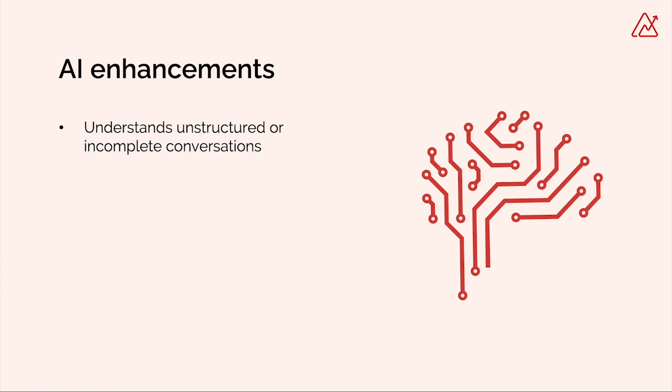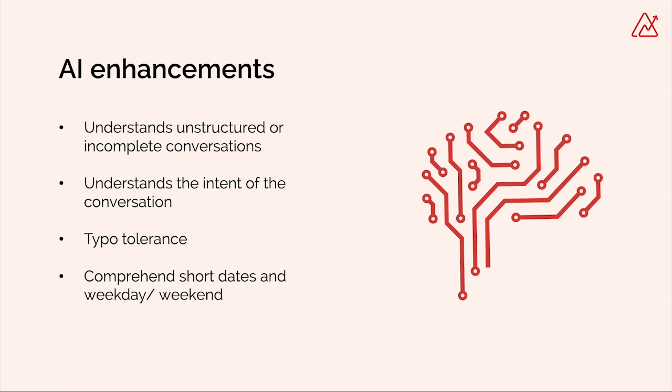Let's say you pose a question. Ziya understands the intent of the conversation. Well, Ziya is now equipped with typo tolerance. It can also understand misspelled words to get you the correct insights. And finally, it can comprehend short dates and weekends and also weekdays.